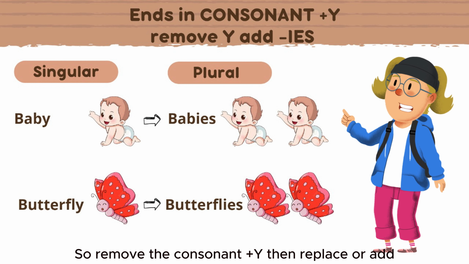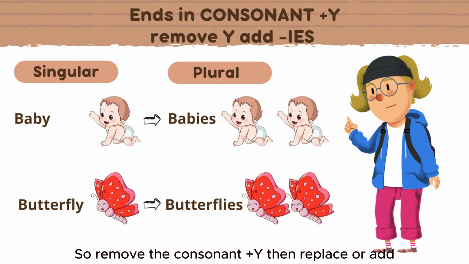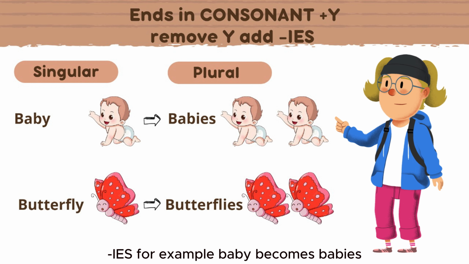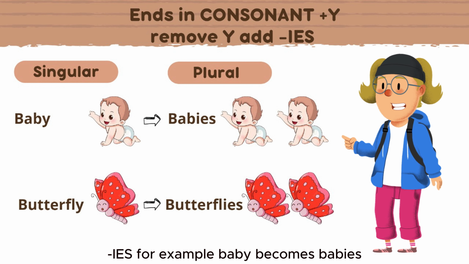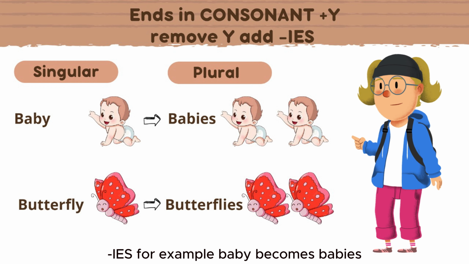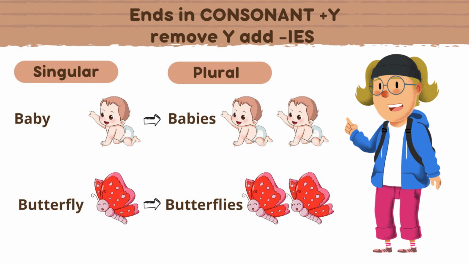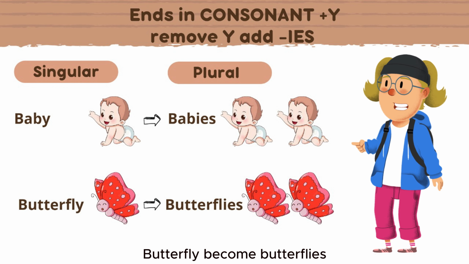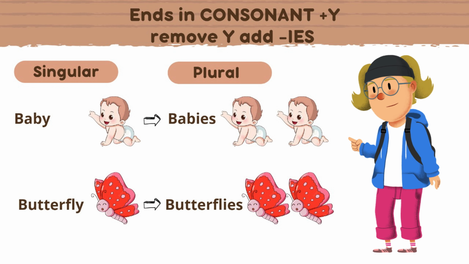So, remove the y, then replace or add ies. For example, baby becomes babies. Butterfly becomes butterflies.